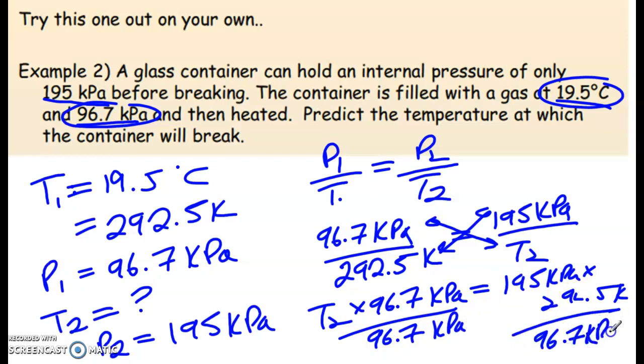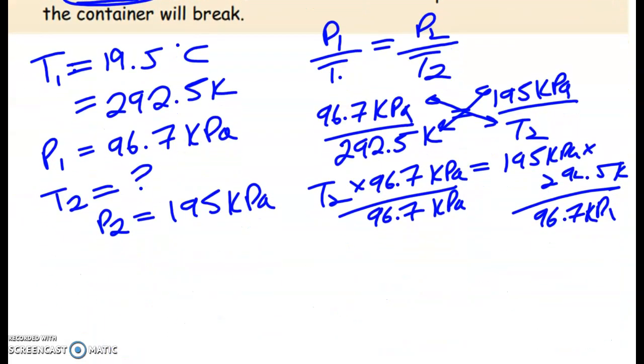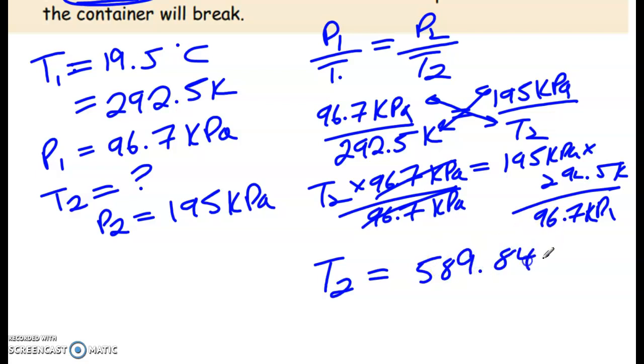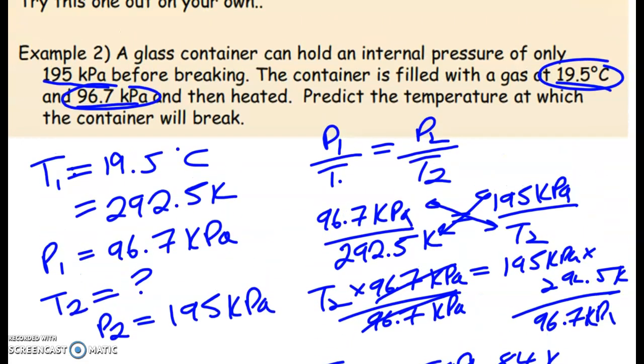You don't have to show this step, but I'm just going through this in case anyone needs to see how we're getting these values. So this is going to be 195 times 292.5 divided by 96.7, which ends up being 589.84 Kelvin.